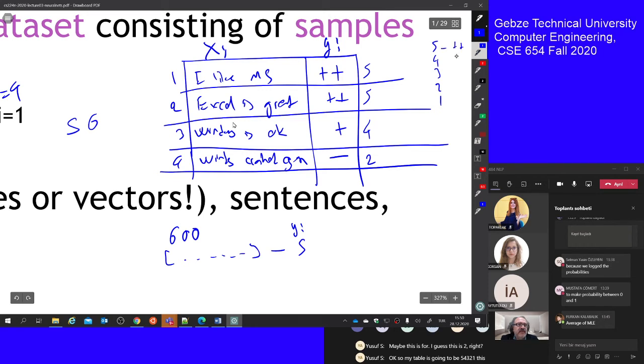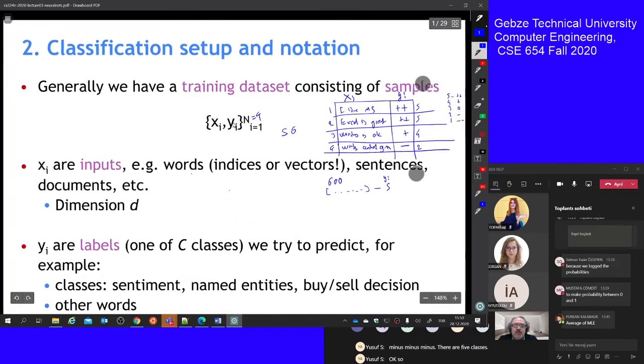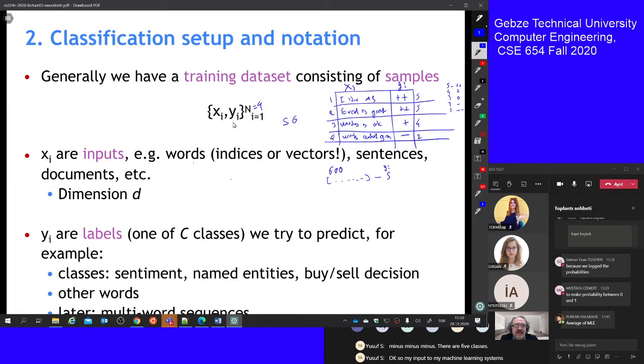This is plus, 0, minus. There are 5 classes. Okay, so my input to my machine learning system will be the 600 dimensional vector for each sentence. Again, for regular sentences, sometimes they have a single word, sometimes they have 100 words. We are going to deal with it later.